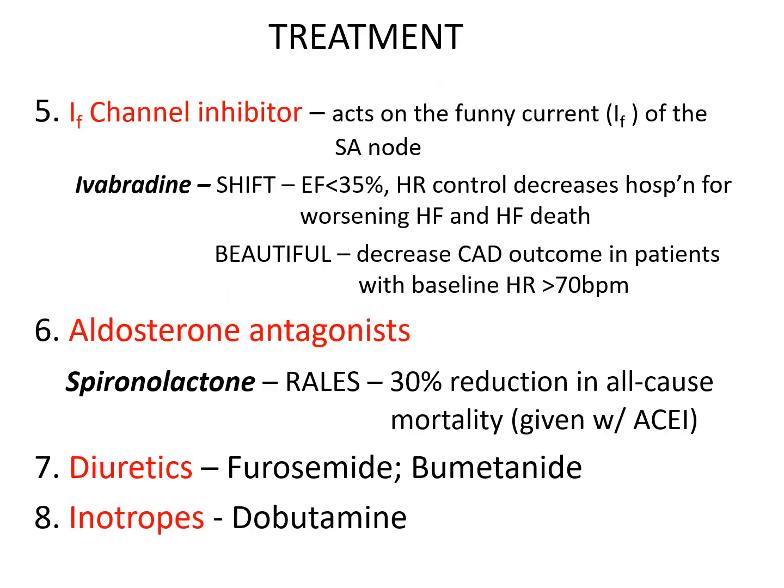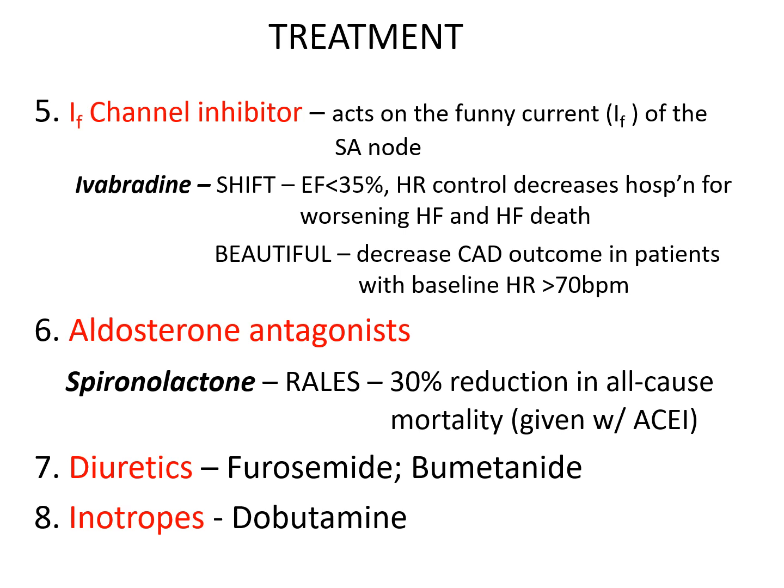So you have an ACE inhibitor or an ARB. You have sacubitril, or the angiotensin receptor neprilysin inhibitor. Then you have the beta blockers. And then you may also use the If channel inhibitor.